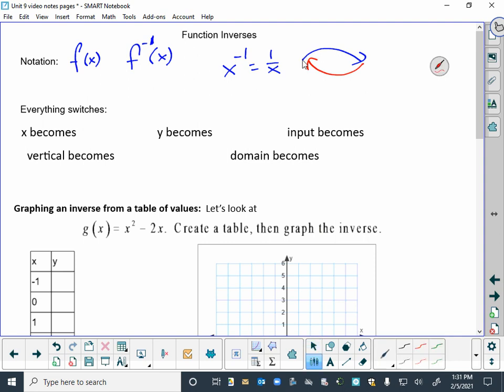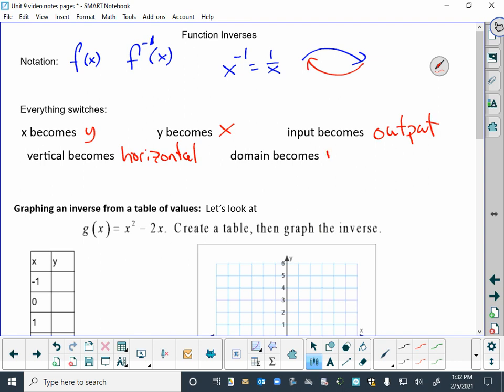Now, getting down to business here. When we're talking about inverses, the idea is we're trying to reverse the process, and so everything switches. The x's become y's. The y's become x's. Input becomes output. The vertical becomes horizontal. Even when we're talking about asymptotes, vertical asymptotes become horizontal asymptotes when we go into an inverse.